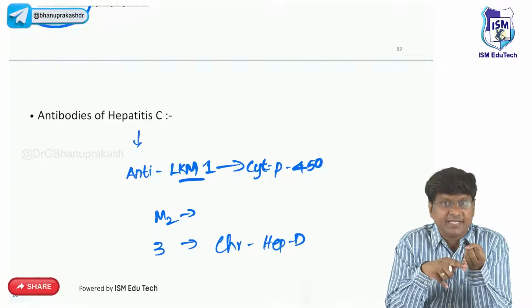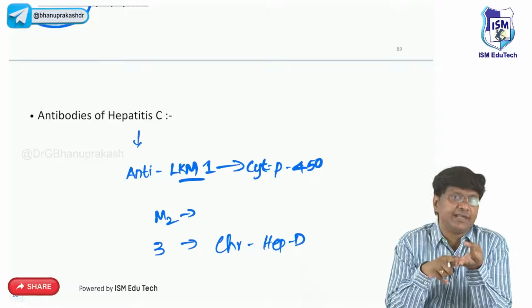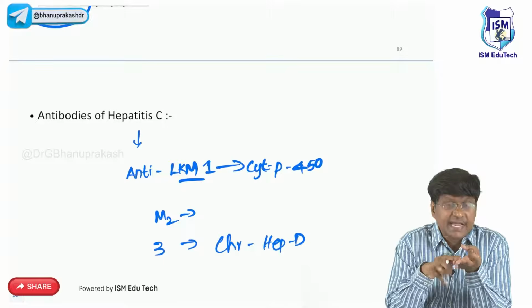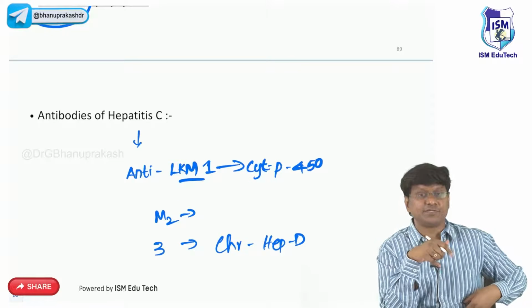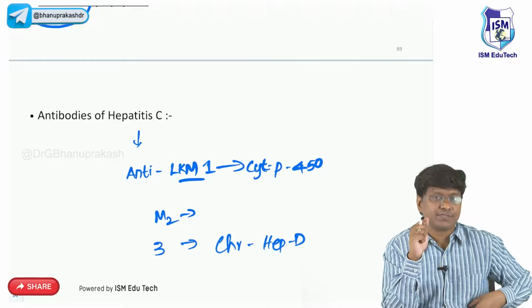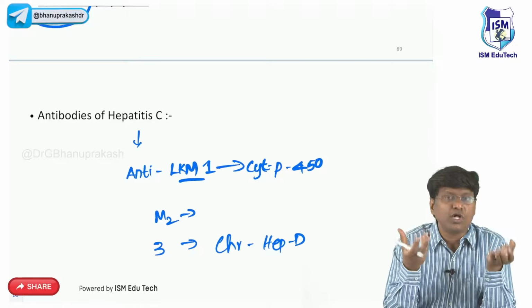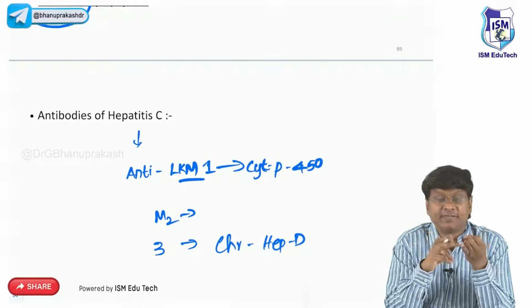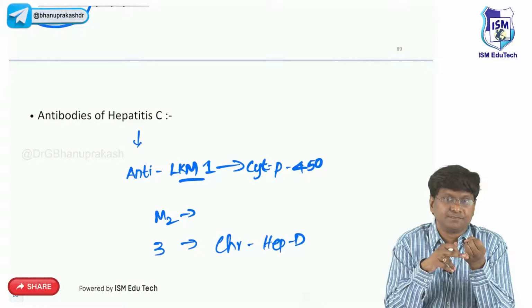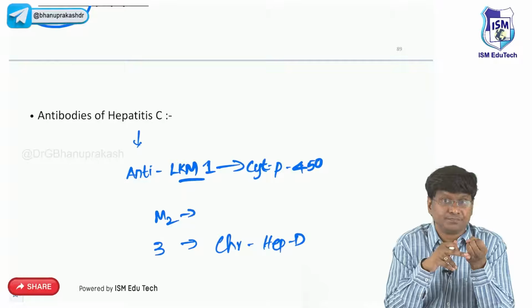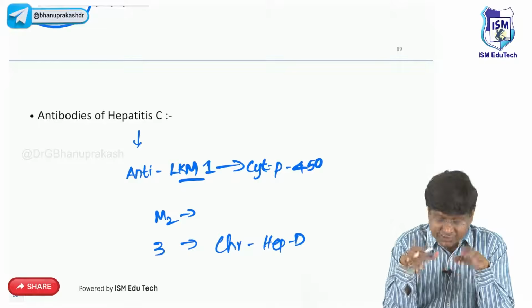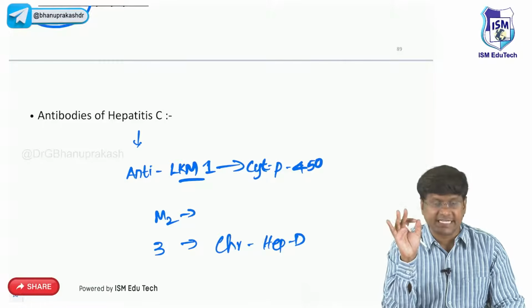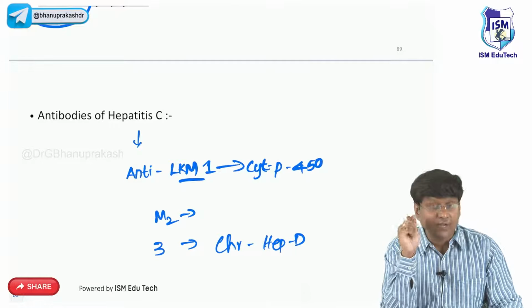Other extrahepatic manifestations: it can also cause diabetes mellitus, that is type 1 diabetes mellitus. There can also be neurological manifestations, that is development of Guillain-Barré syndrome, okay? And other malignancies like non-Hodgkin's lymphoma. These can all be caused by the hepatitis C virus. And even cryoglobulinemia.